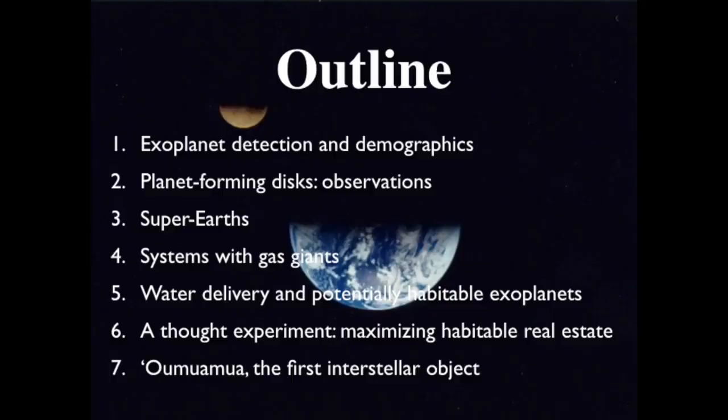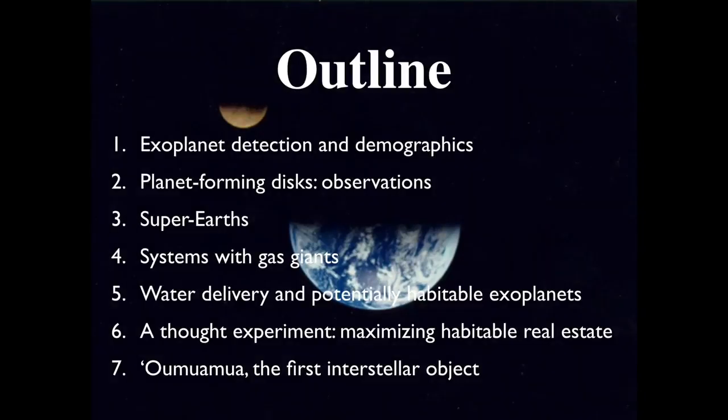So this is what I have planned to talk about. In reality, I plan to actually talk to you about number 5, and then if time allows and people are interested, I can talk about these other things. Here's the plan. At the beginning, I'll give you basically my public talk version of how we find exoplanets and what they look like. Then some information about observations of planet-forming disks.